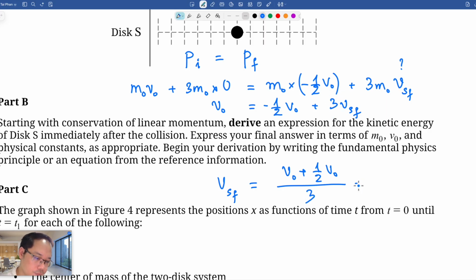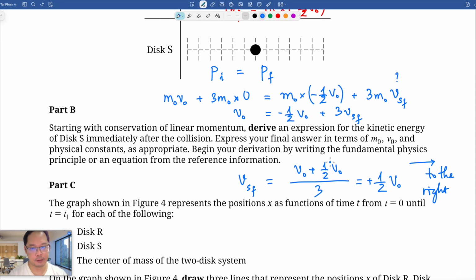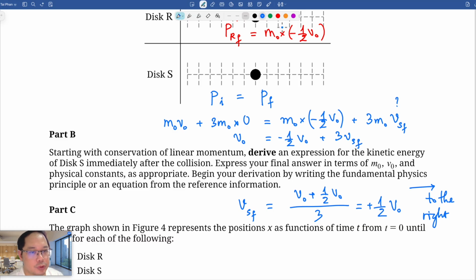This is 1 and 1/2, which means 3/2, and then divided by 3, we simplify and we get only 1/2 v0, and it is positive, which means the velocity of the disk S is to the right, in the positive direction. So 1/2 v0, now the momentum of the disk S, we need to write the momentum.